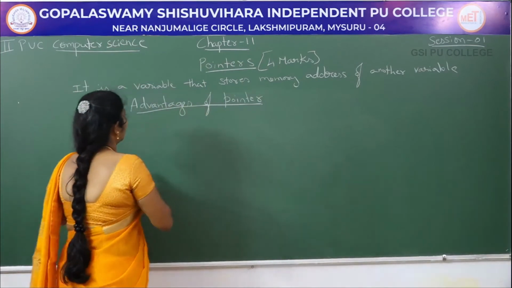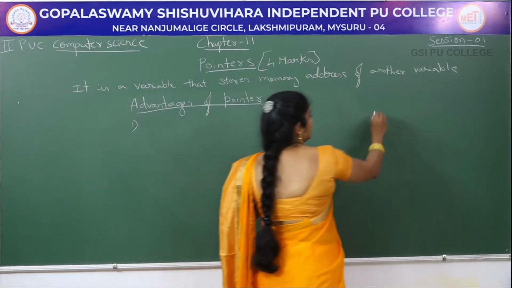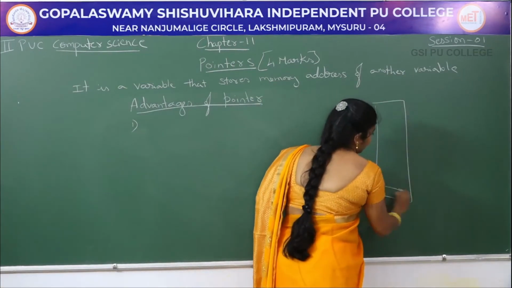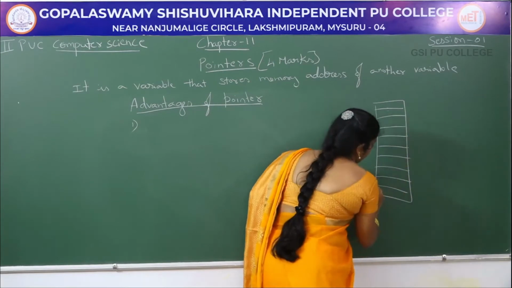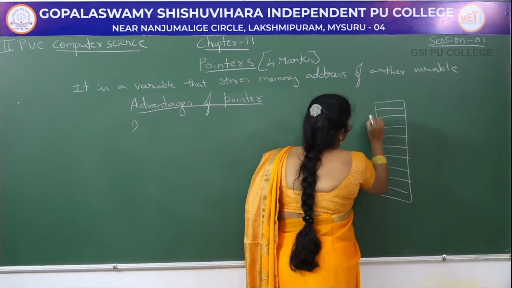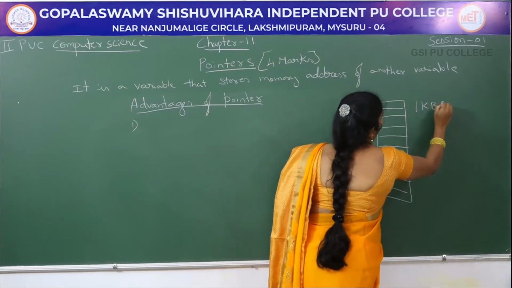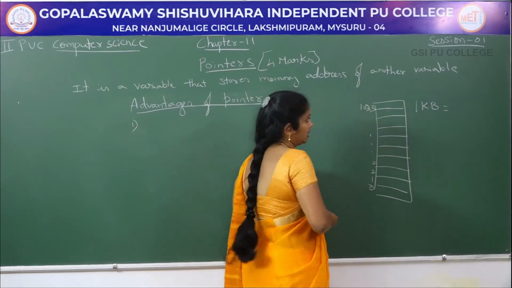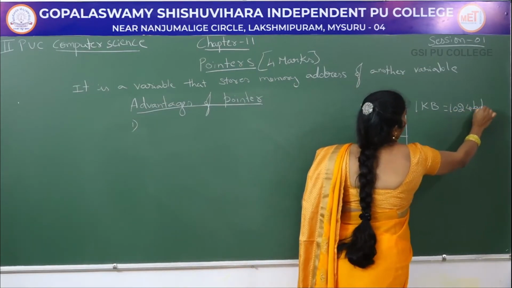Then what are the advantages of this pointer? Already I told you the memory is divided in block format. Each block has bytes, 0, 1, 2, 3 up to 1023. If you have 1 kilobyte of memory, that means we have 1024 bytes.